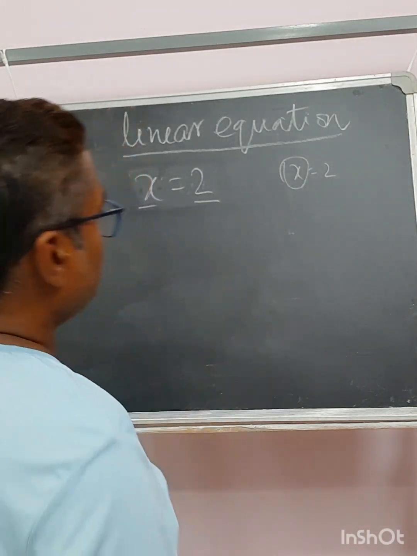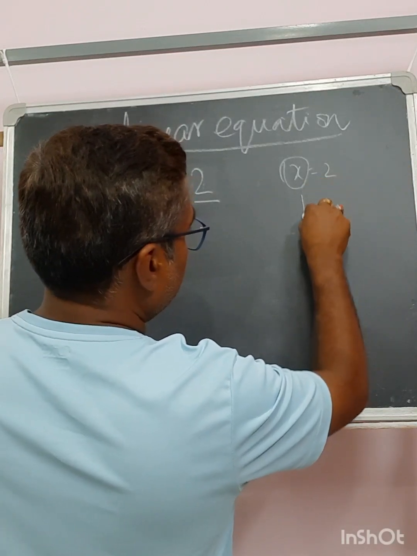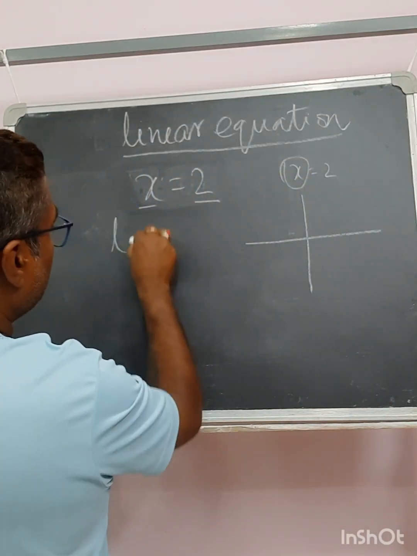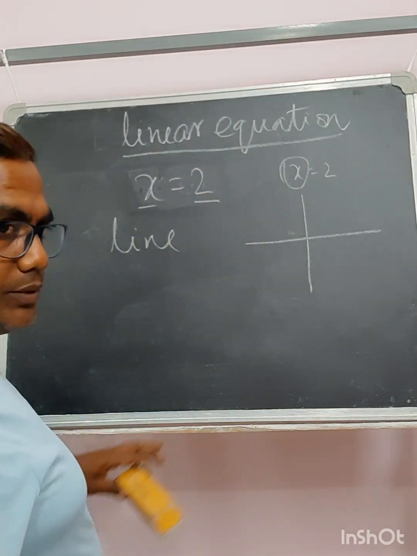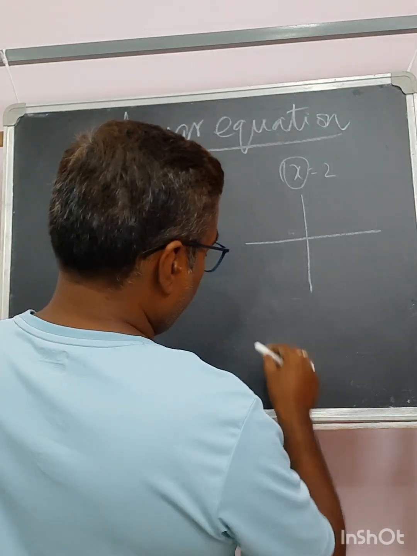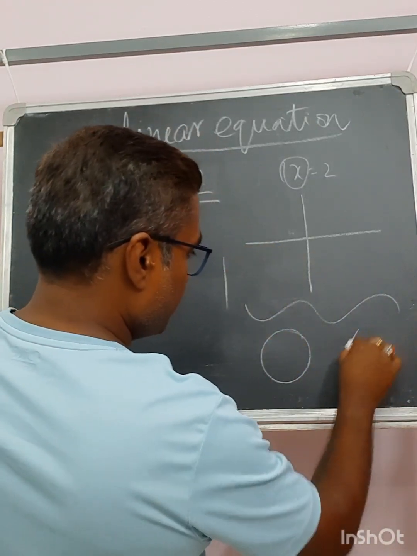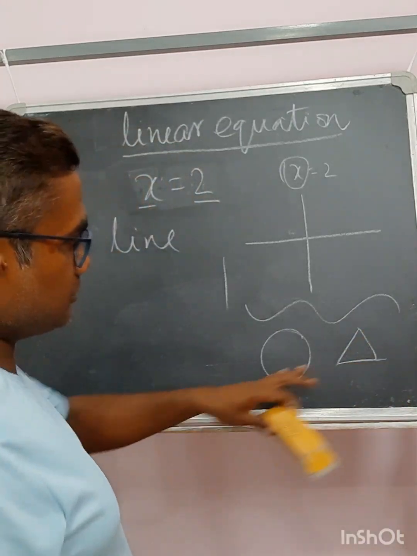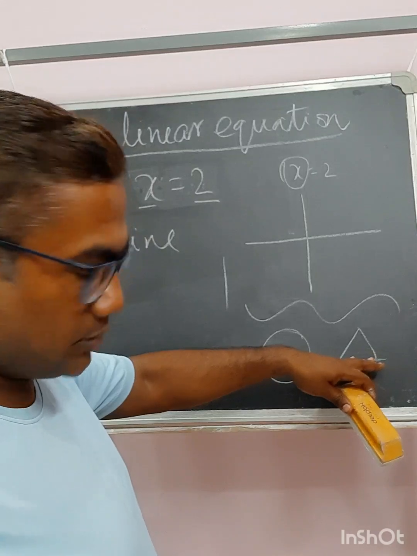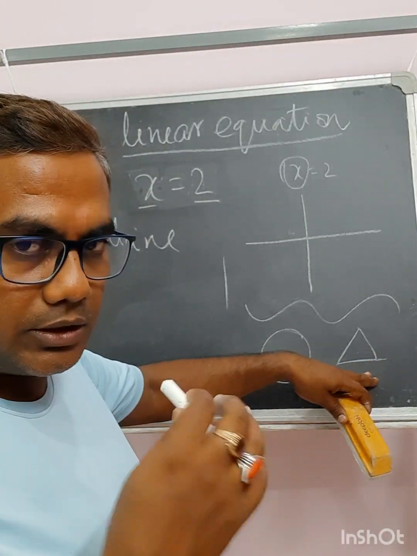To understand that, which I will explain in my later video, you should understand that x equal to 2 is an example of a line. There are so many shapes you have learned. There could be a curve, a line, a circle, a triangle, all having a specific equation, and those figures can be derived with an equation itself.